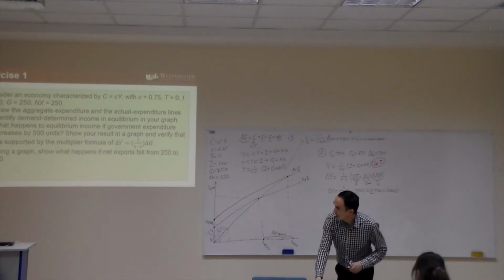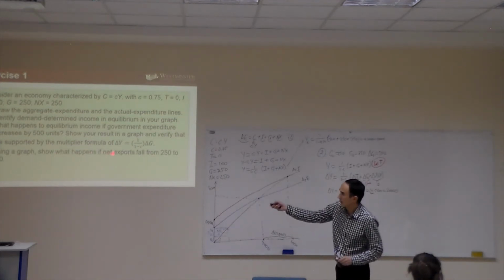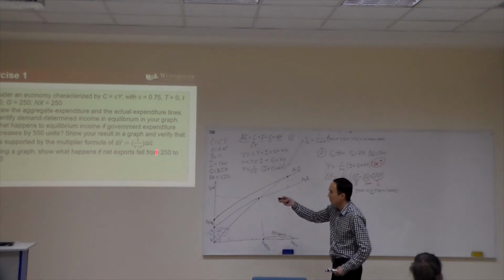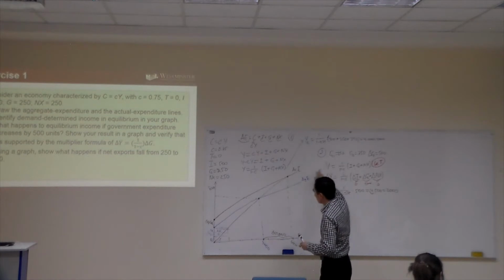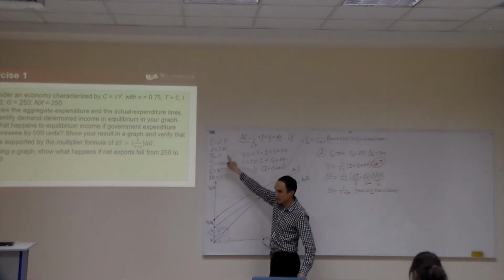Next. Using a graph show what happens if net export falls from 250 to 100. So now, just ignore the second case, we consider this economy, okay, first, initially.